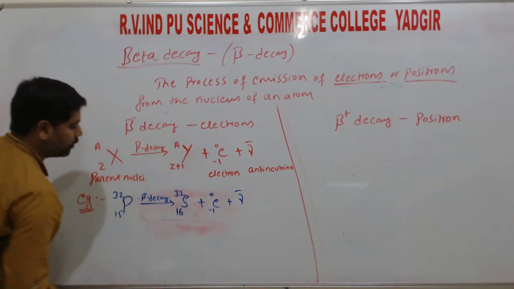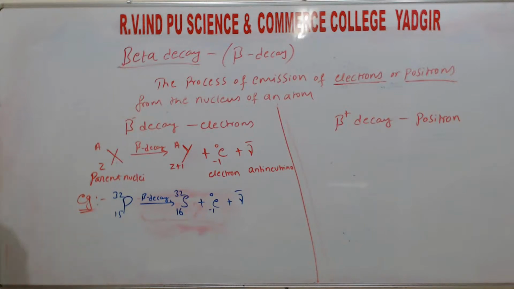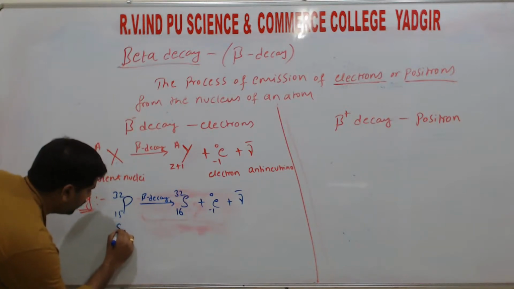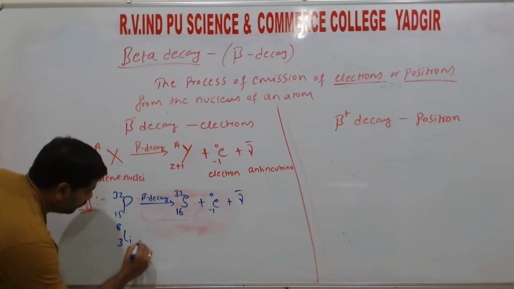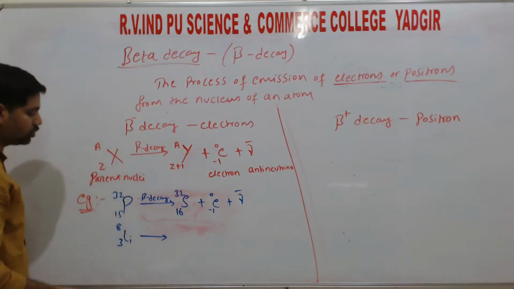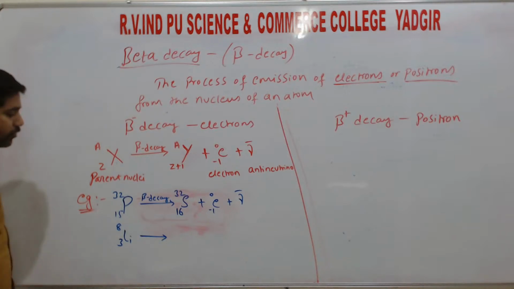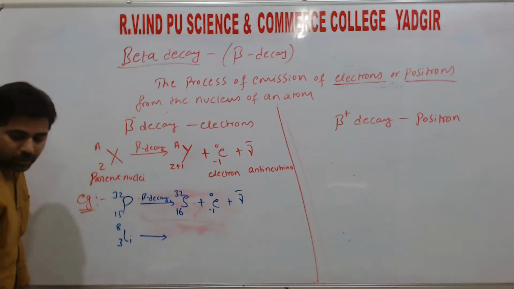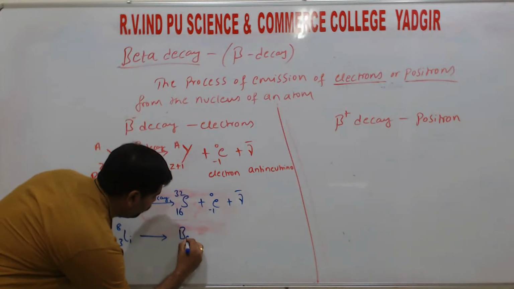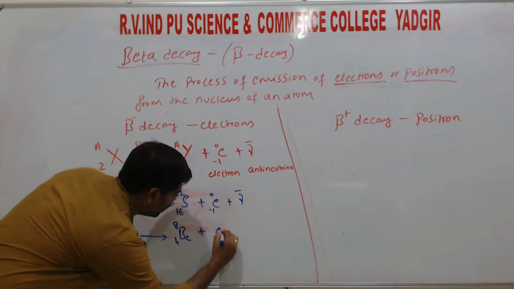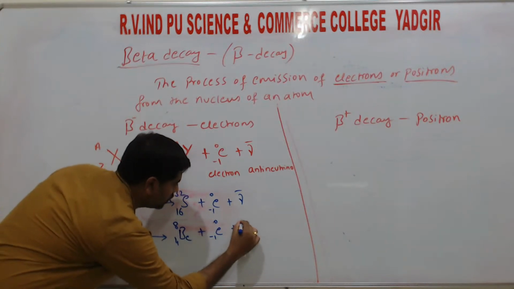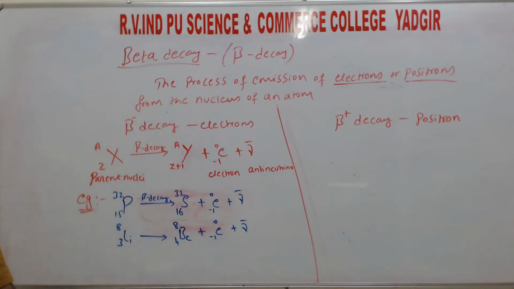One more example is lithium 8, 3. As it undergoes beta decay, lithium becomes beryllium, mass number 8 and atomic number 3 becomes 4, plus an electron and anti-neutrino. These are the two examples for beta minus decay.